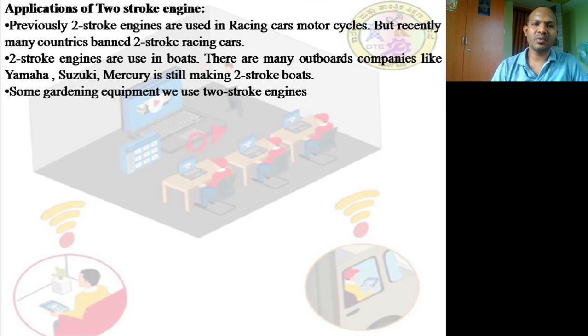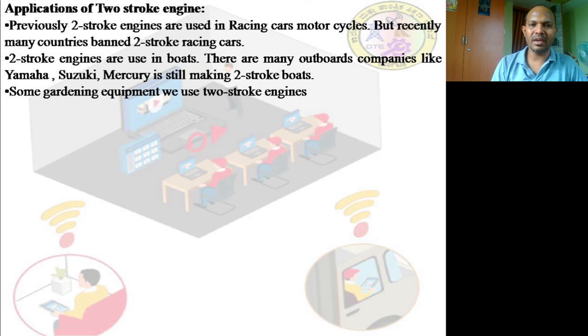Two-stroke engines are used in boats, in small boats actually. There are many outboard companies like Yamaha, Suzuki, Mercury still making two-stroke boats. Earlier, you might remember the Yamaha bikes were very famous because of their sound and their power also. It is only because of these two-stroke engines.